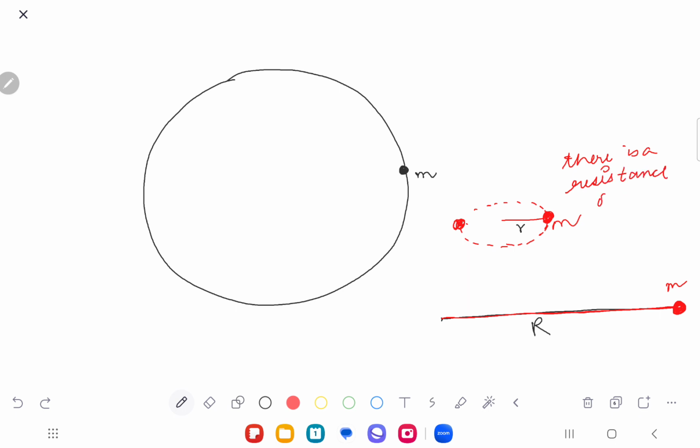There is a resistance of rotation. In certain cases the rotation or revolution is easier, and in certain cases it is difficult. Yes, because farther away from the center, it's moving faster.